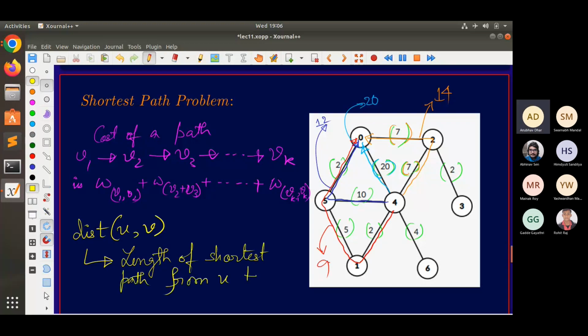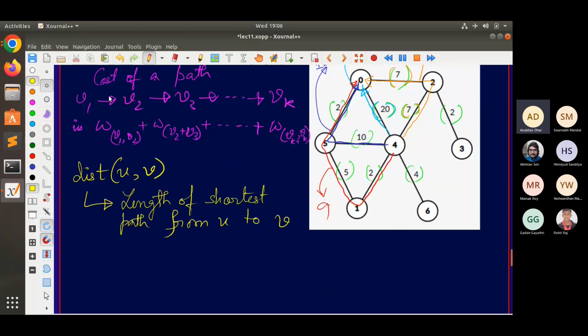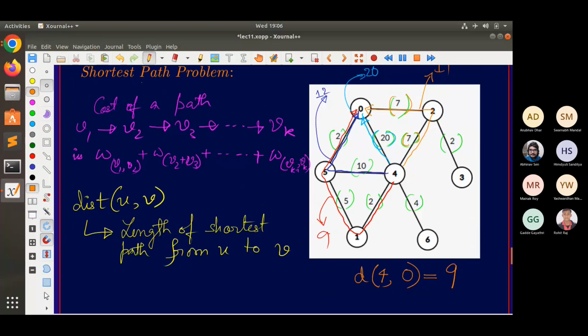Now what do you mean by from u to v? The path starts at u and ends at v. So in our example, the shortest path from 4 to 0 is of length 9, or cost 9. We synonymously use the words length, weight, and cost of a path for shortest path problems.